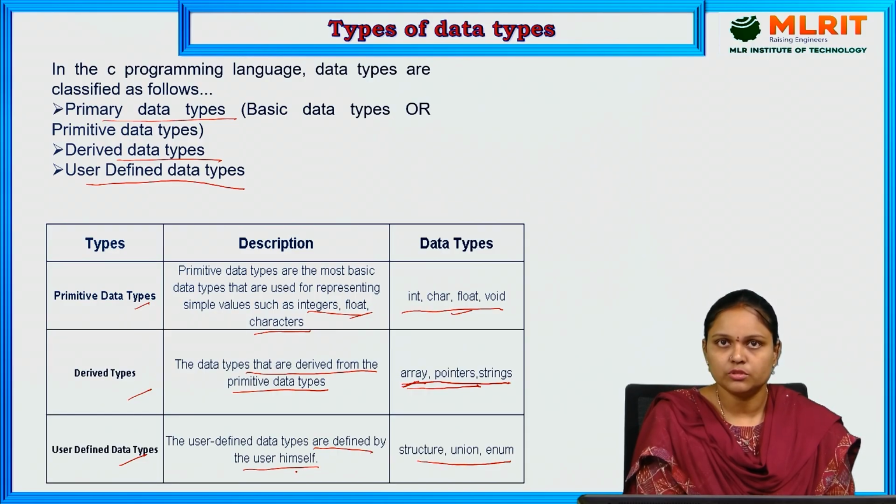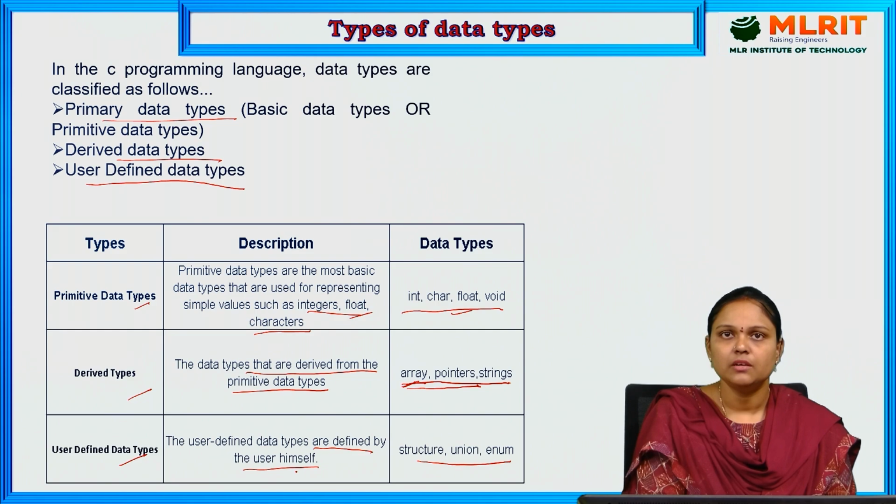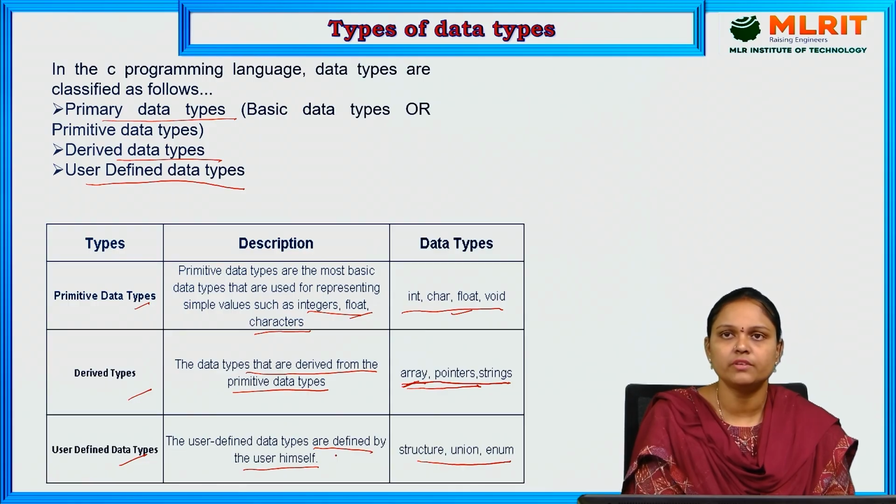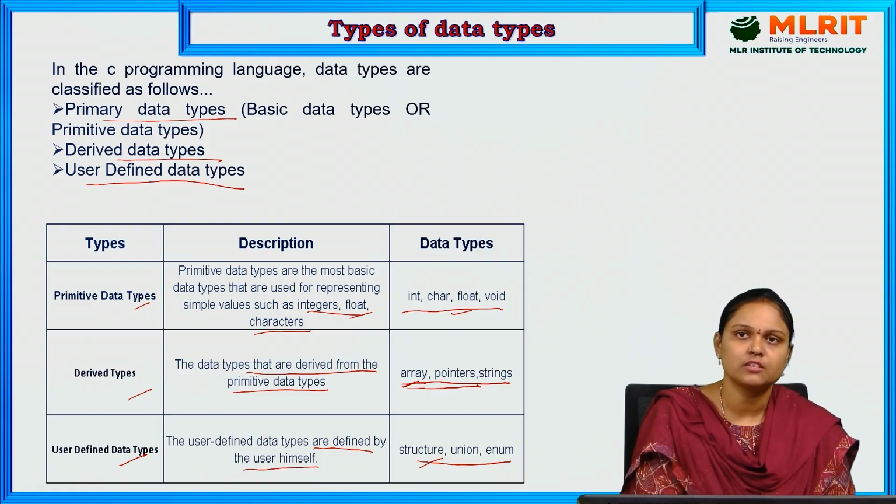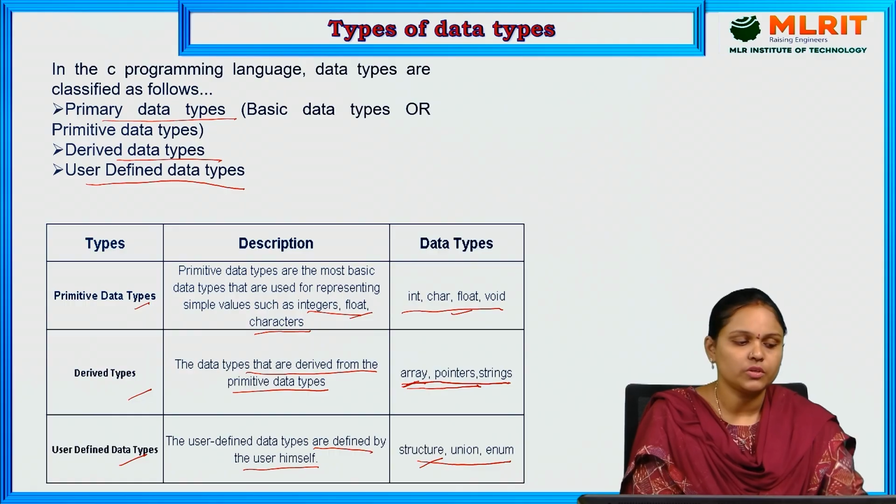So for suppose, if you want to store a complete student record, that is roll number, name, address, phone number, and also marks, this all contains different data types. All those different data types we can combine and store in a single data type, which is nothing but a structure or union.